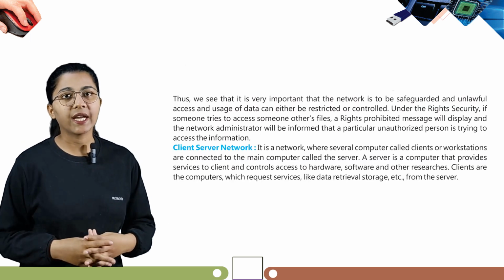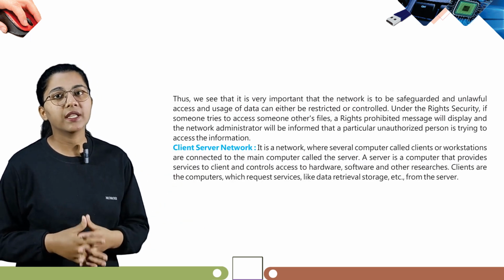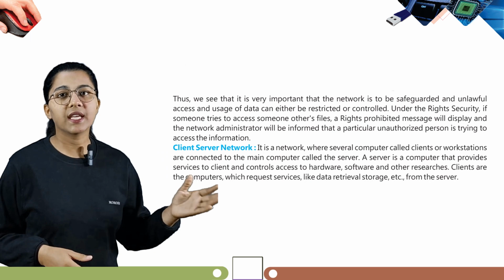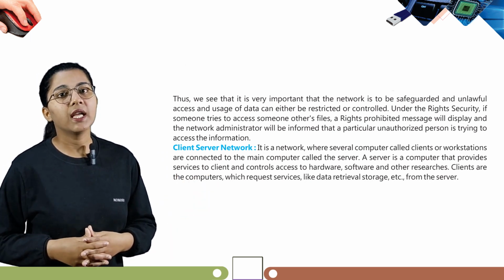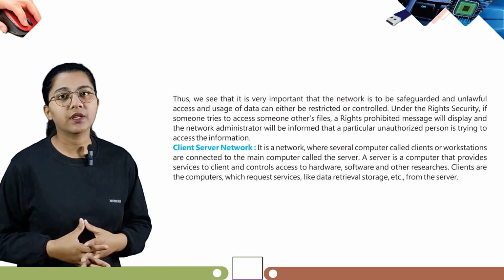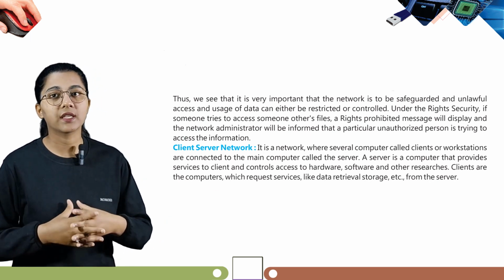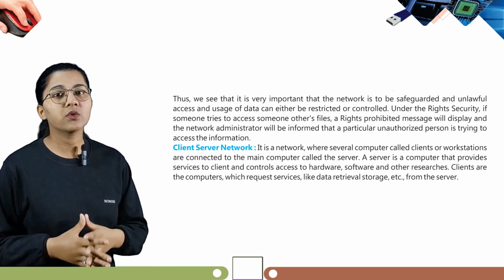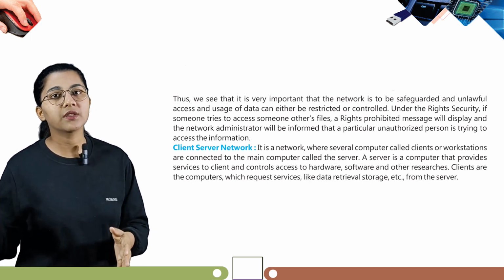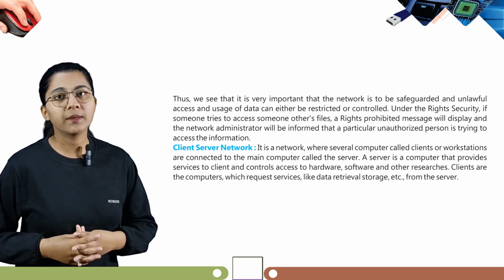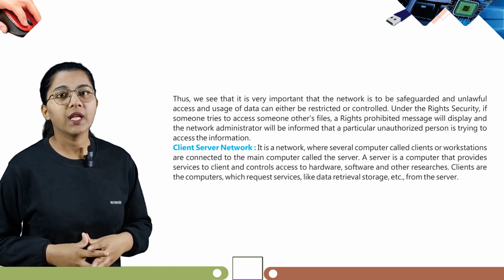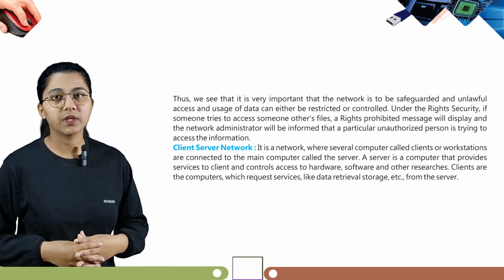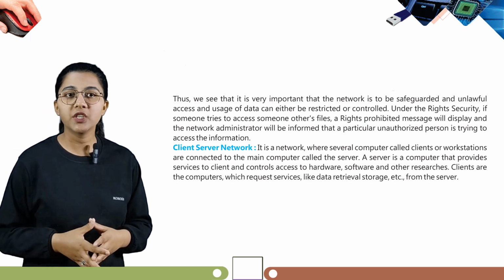Thus, we see that it is very important that the network is safeguarded and unlawful access and usage of data can either be restricted or controlled. Under write security, if someone tries to access someone else's files, a write prohibited message will be displayed and the network administrator will be informed that a particular unauthorized person is trying to access the information.